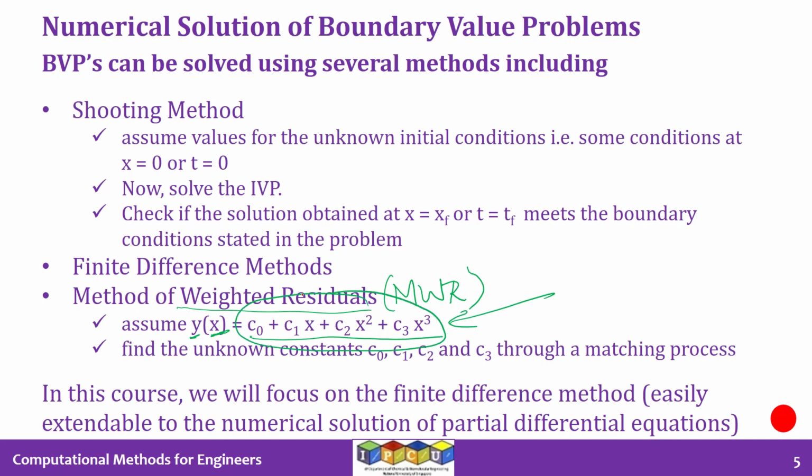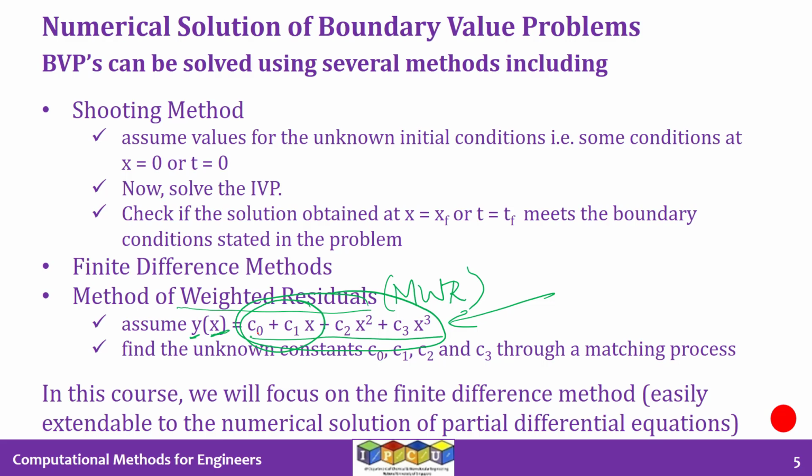Here I've shown a third order polynomial, but you can assume a first order, second order, or a fifth order polynomial if you want. If you assume that the system's behavior is linear, then you might just have these two terms. If you think your system is very nonlinear, you may have a fifth order polynomial. So basically it depends on what you think is the relationship between y and x.